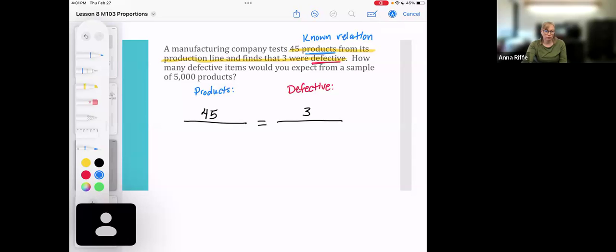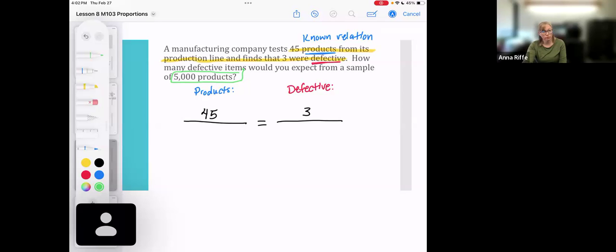We're then given some more information. We're asked, how many defective items would you expect from a sample of 5,000 products? Okay. You will get a decimal. Yes, it's true. Given our setup below, if we're given a number of total products, I could find the number of defective.